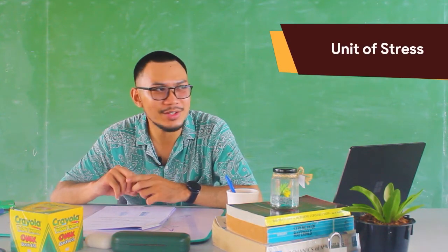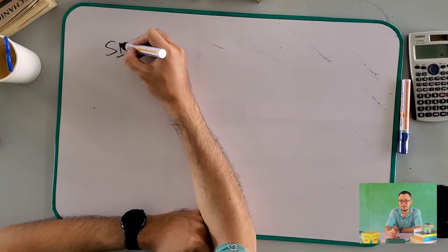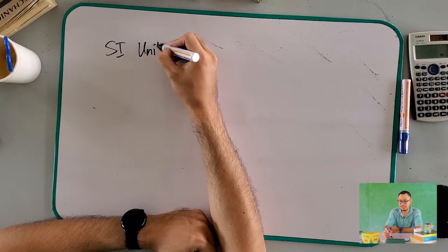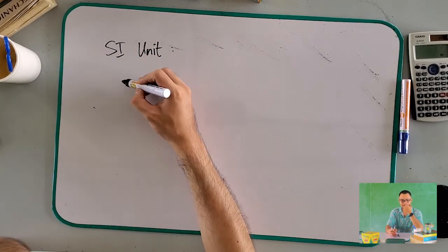So now, what are our units in stress? I have already mentioned this one earlier, but let's go back to its units. So unsa units sa stress? Again, atong stress is force over area. In metric system or SI unit, ang unit sa atong stress, di ba?